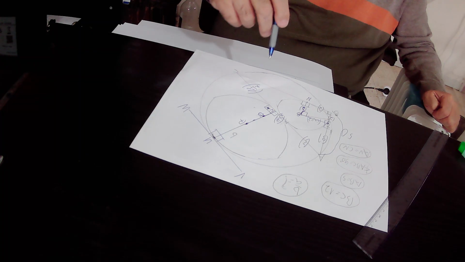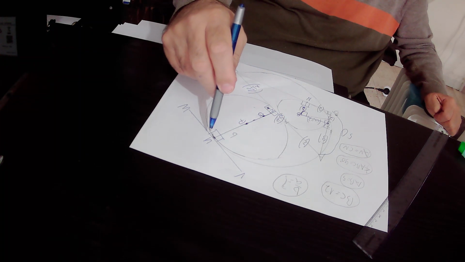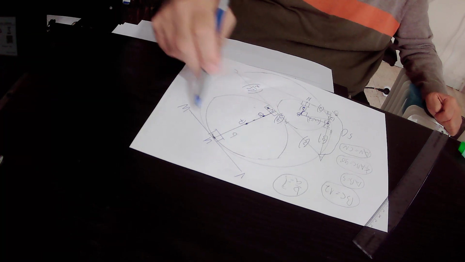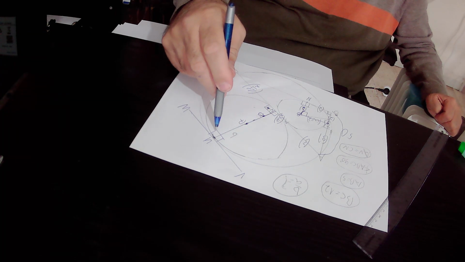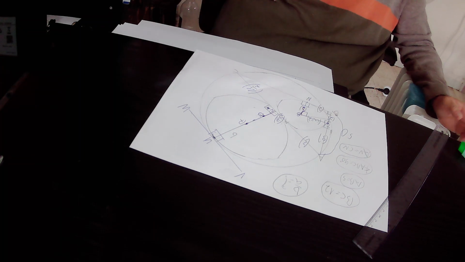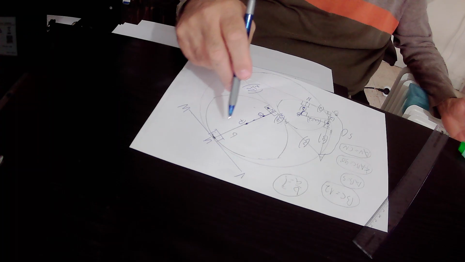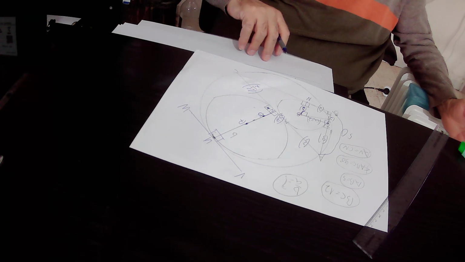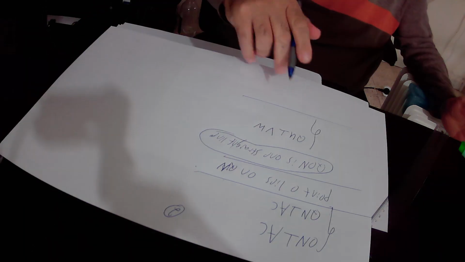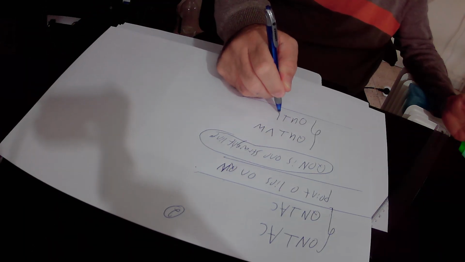And therefore, tangent VW will be perpendicular to the radius UO. If VW is perpendicular to UO, it means that this angle equals 90 degrees and this angle equals 90 degrees. So you can write down that the radius of the biggest circle OU is also perpendicular to tangent VW.